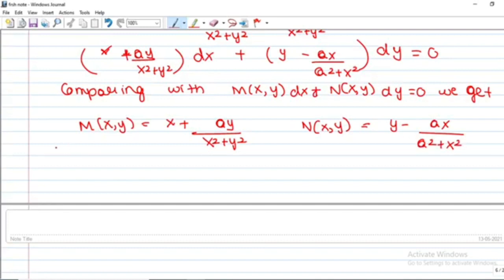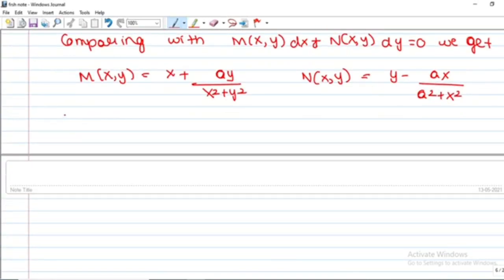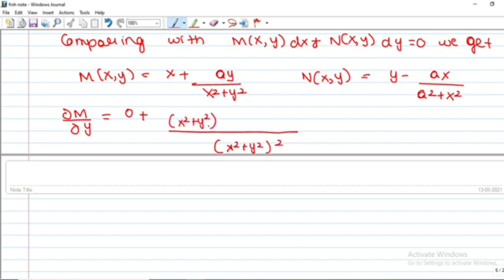Further on, what we are going to see is dou M by dou y. It will give us what? If you observe, this will be 0 because we are differentiating with respect to y. So now you have to use the quotient rule. A will be there, minus ay will be as it is, and here x will become 0 again and 2y will be there.